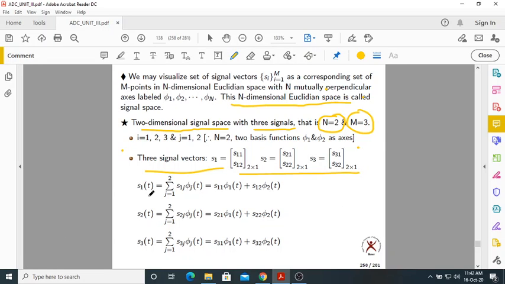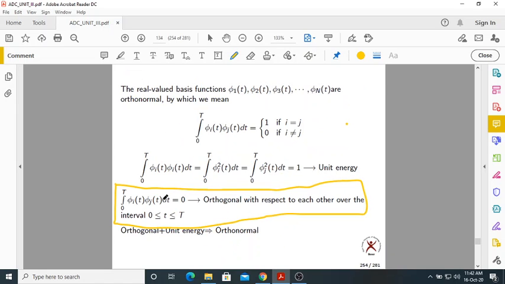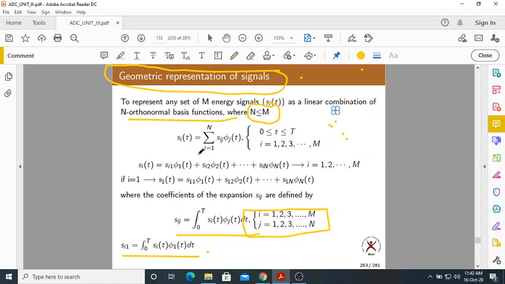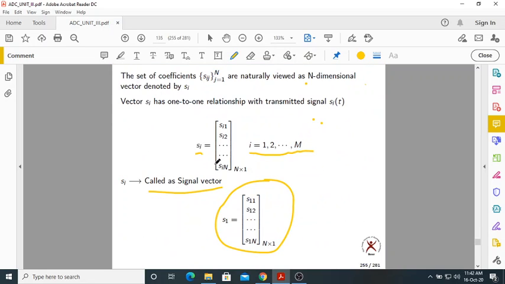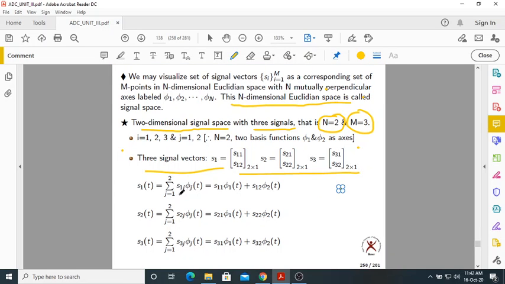Now, how to write the signals? How to write S1 of t? Here I am going to this basic equation. What is S_i of t? Here N equal to 2, i varies from 1 to 3 because M equal to 3, and 0 to capital T. This should be written everywhere. S_i of t equals summation j equal to 1 to 2 of S_ij phi j of t. You expand this and you get: S1 of t equals S11 phi 1 of t plus S12 phi 2 of t.